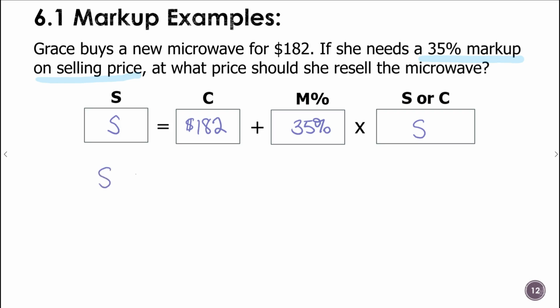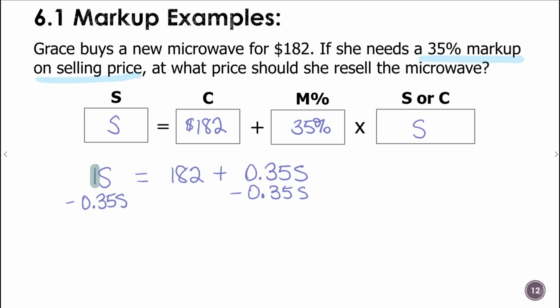So we have S equals, when we write our equation, 182 plus 0.35S. And so we are going to solve this equation by first subtracting so that we can get the S on the other side with the S at the beginning, basically.